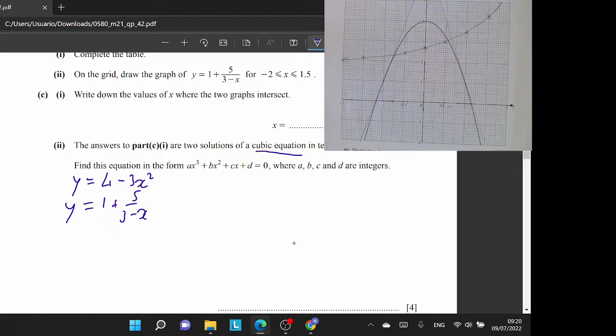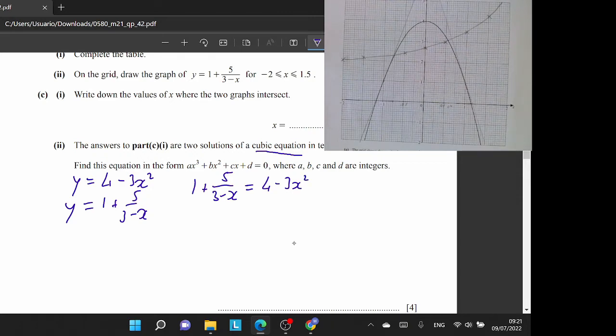Where these graphs intersect, they will be equal to each other, meaning we can set them as equal to each other. So that means 1 plus 5 over 3 minus x, they will have the same y value. So they are the same. And we have to solve this.